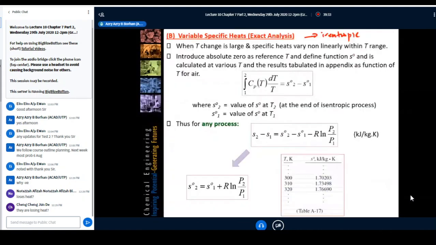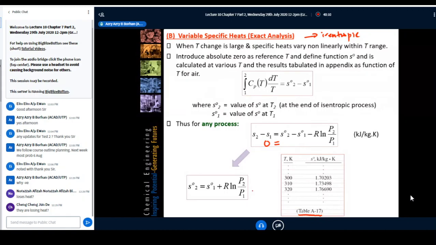So once it equals 0 and you simplify, you have s°2 equals s°1 plus R ln P2 over P1. And I already mentioned to you, from table A17, let's say T at 300 will give you s° at 300, and T at 320 will give you s° at 320 with this value, and so on.